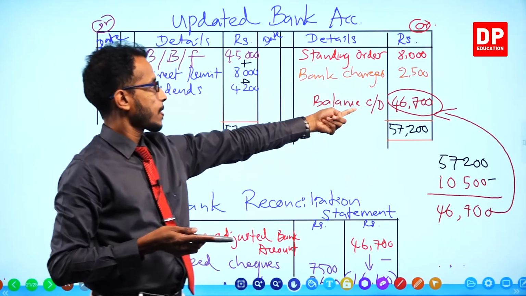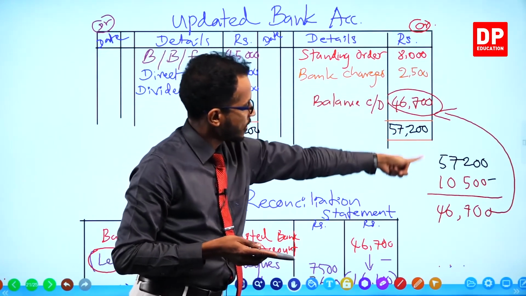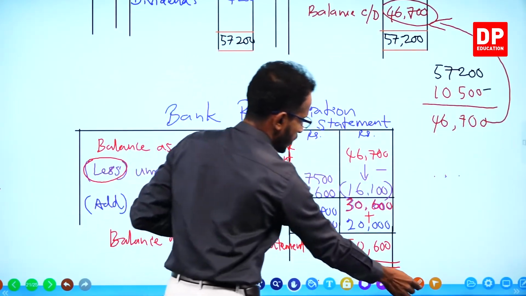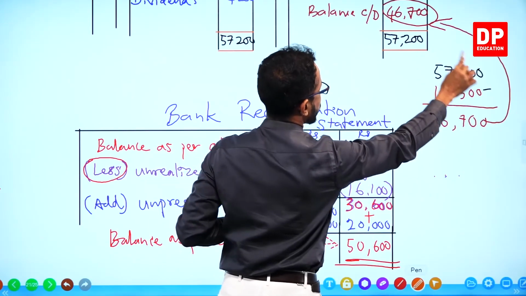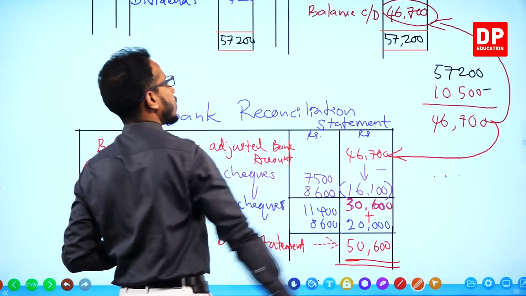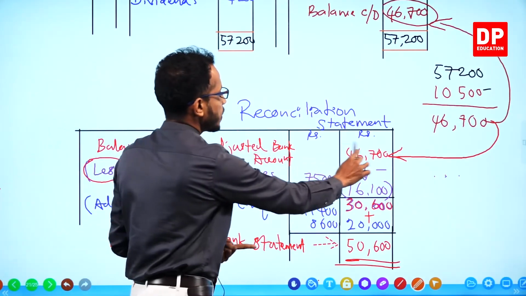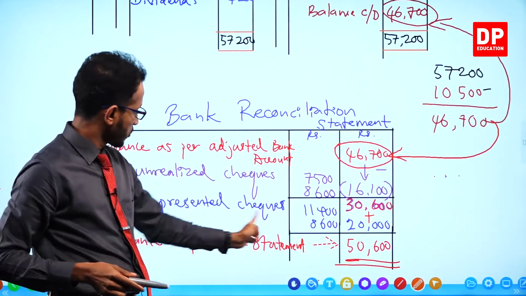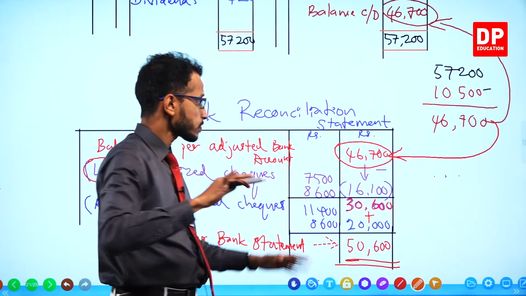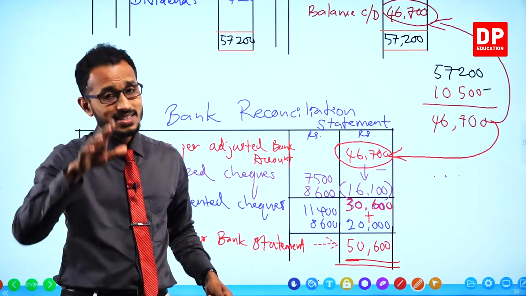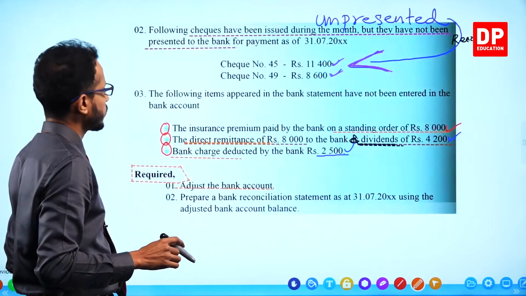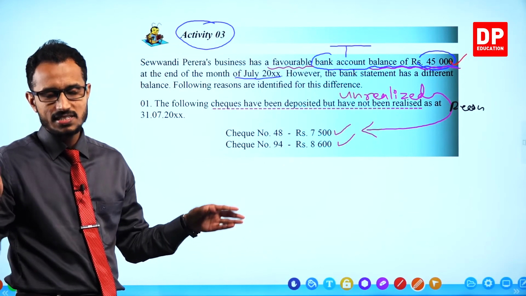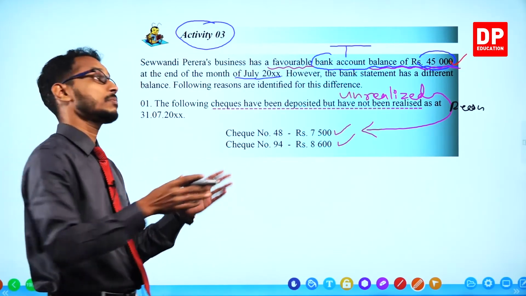We took the updated bank balance to the reconciliation statement, and we reconciled this balance to the statement balance. We don't know the statement balance. In the question, it is not given.